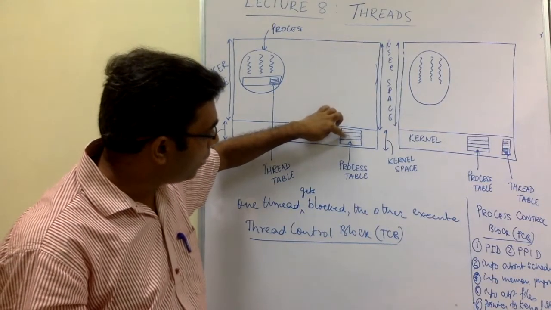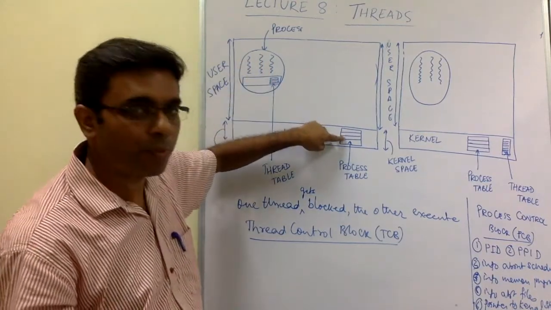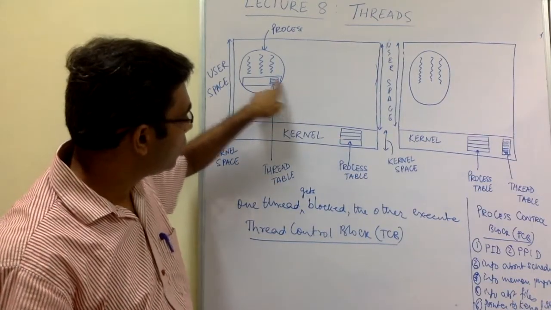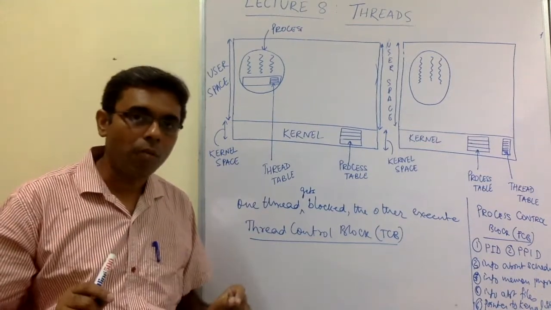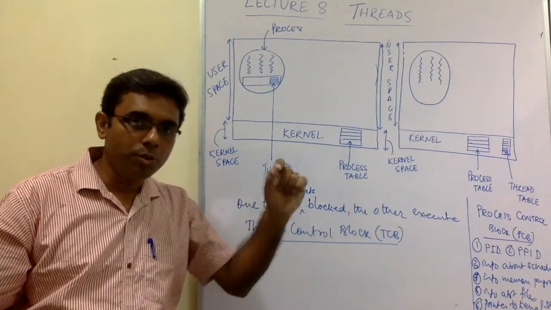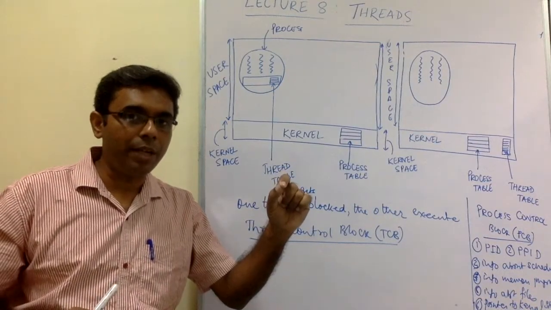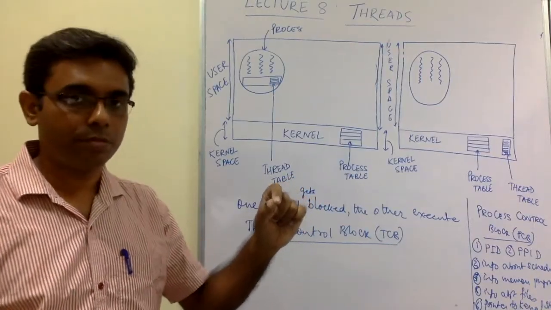To maintain the information about how many threads have been created in this particular process, there is a pointer linking the threads to the process entry in the process table. This is how the threads created in the user space are linked to the PCB of the process which has created them.